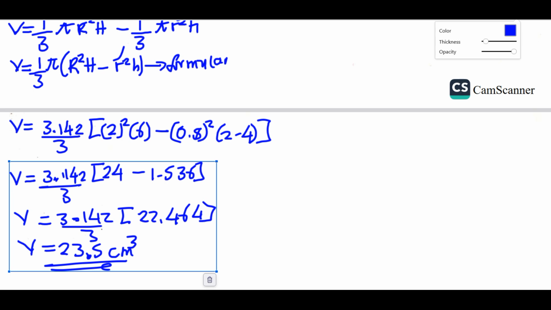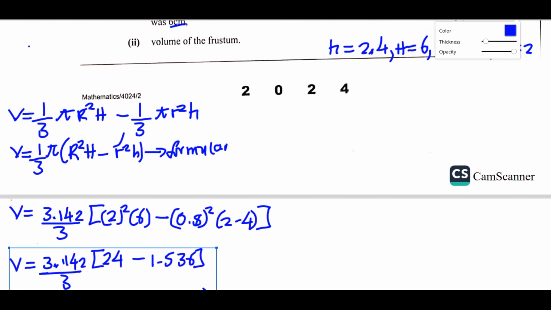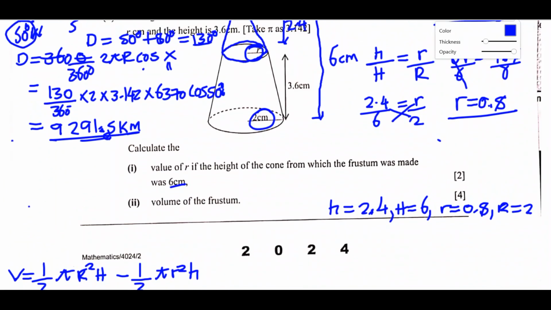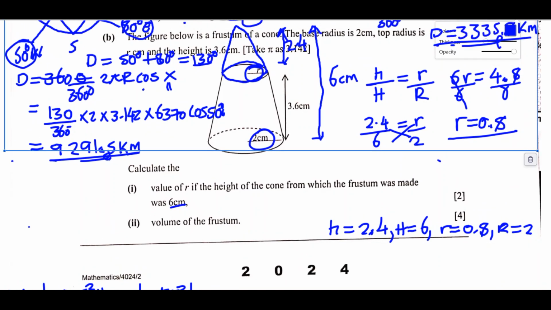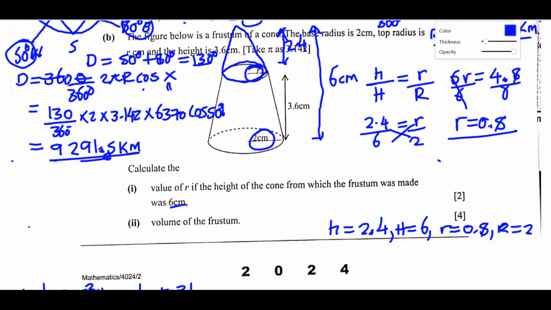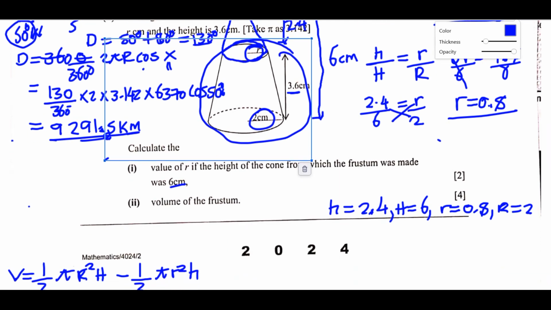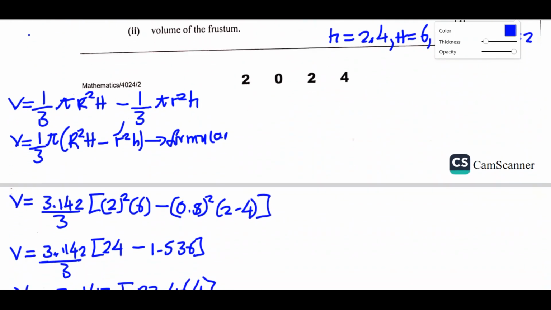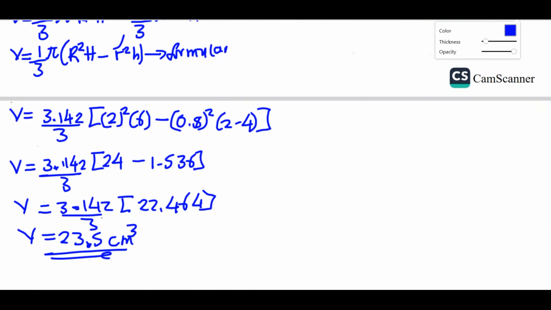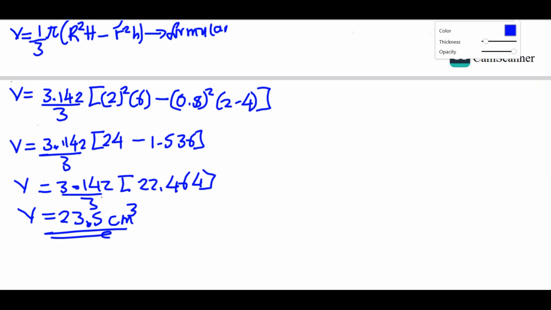Now to find it in another way, we can go back to our structure. For the second one, there is no need of finding the height of the smaller cone, so we can just use the height of the frustum, which is 3.6. So let's do some math. What is the formula of the volume if you just want to go direct?